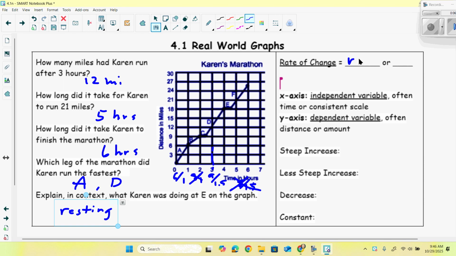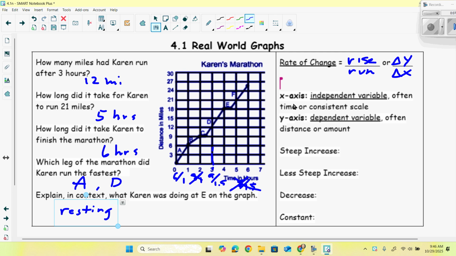We would say that the rate of change is rise over run, or I'm going to use this triangle called delta. It means change in the y coordinate, that's the rise, and the change in the x. And sometimes it's just y over x. That's a special case with something we call direct variation. But if you focus on a change in y over a change in x, like I showed here, this 9 was a change in y, that was the change in x. That is the rate of change for that interval.